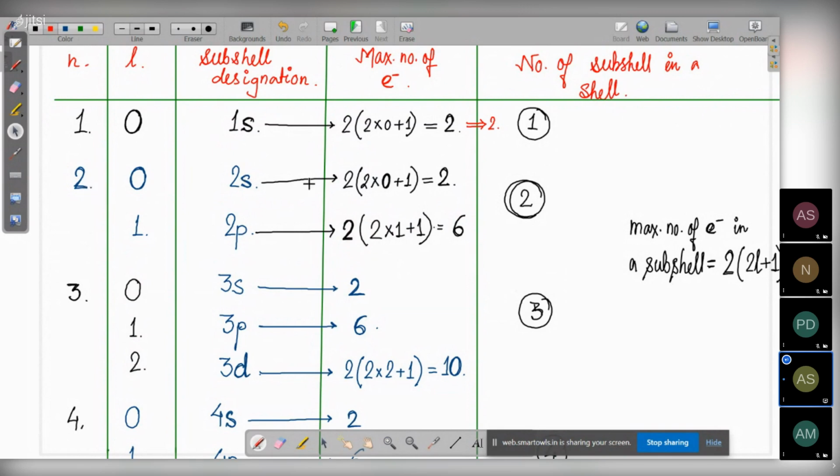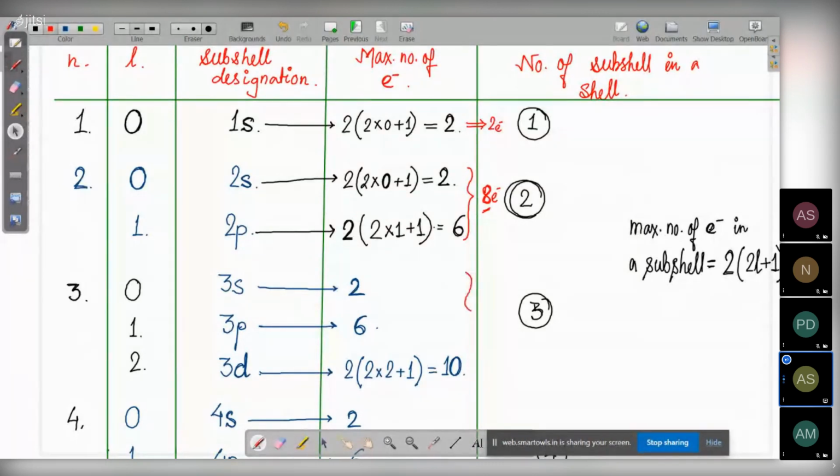But see, in the second shell, 2 subshells are present. One contains maximum 2 and another has maximum 6. So that means overall 8 electrons can be present in the second shell, 8 electrons at max. In the first shell, we have just 2 electrons.